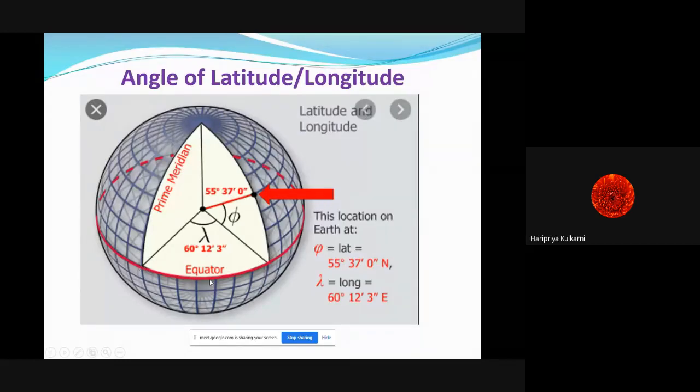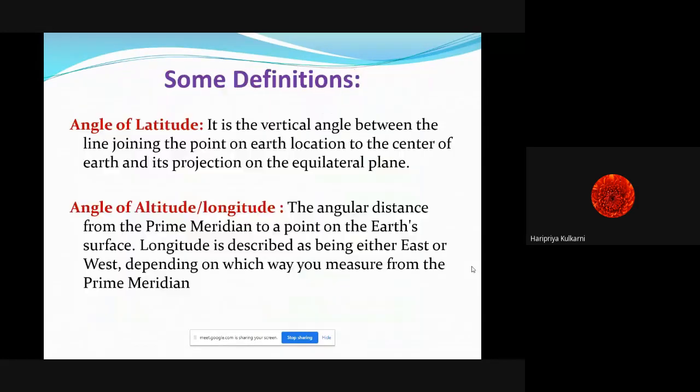If we move towards the east, it is indicated by east. If it is, say, at this point, then it will be towards west, so it will be indicated by west. Towards east is positive, towards west is negative. This was one of the important definitions that we were interested to study as per the syllabus.